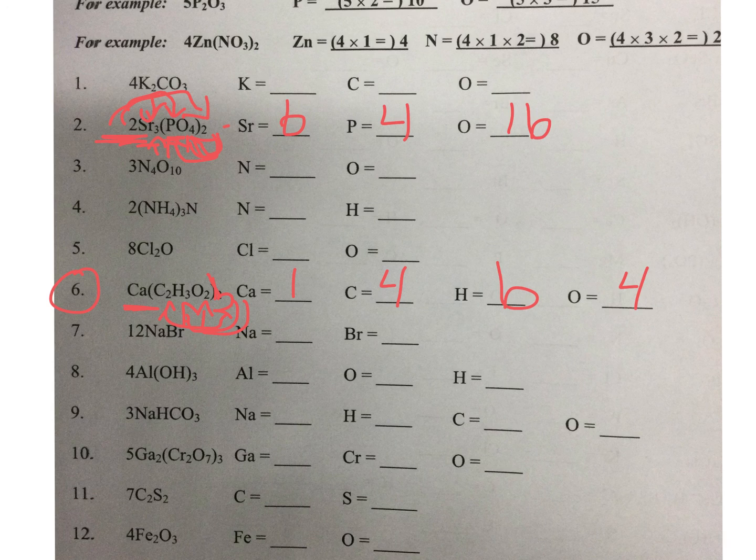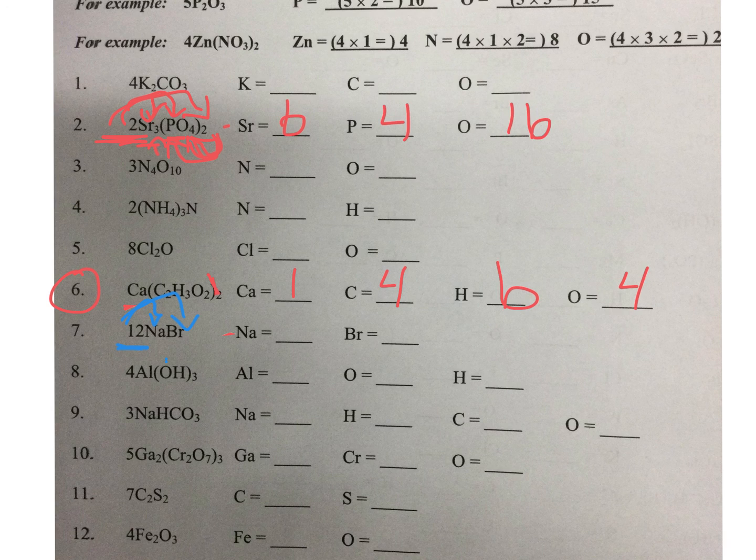Yes? Number 7, because there's no parentheses, how would you do that? Oh, very good. Yes, number 7, there is no parentheses. So let me erase this, that way we can see it a little clearer. Your coefficient in front still multiplies to everything in that compound.